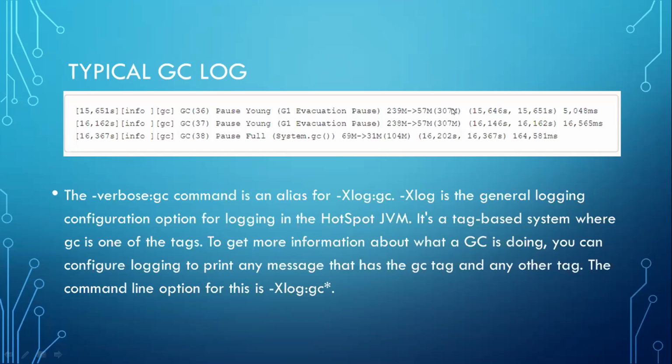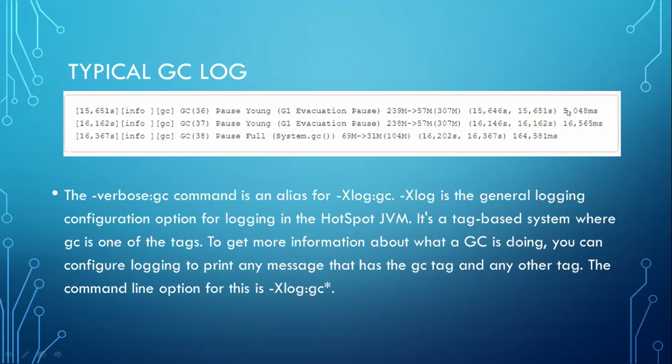There are three sizes mentioned here, right? 307 is the total heap size at this moment. 239 MB is what the memory size was before the garbage collection kicked in, and 57 is after, so the memory it was able to claim back through this garbage collection cycle is 239 minus 57.